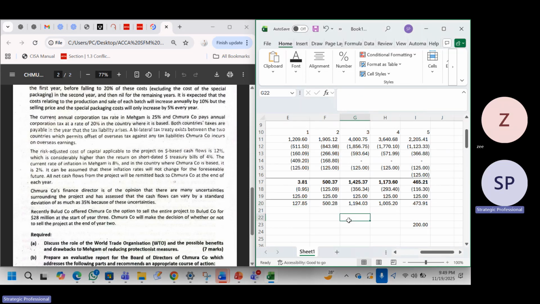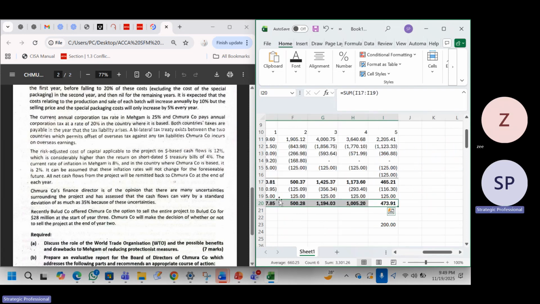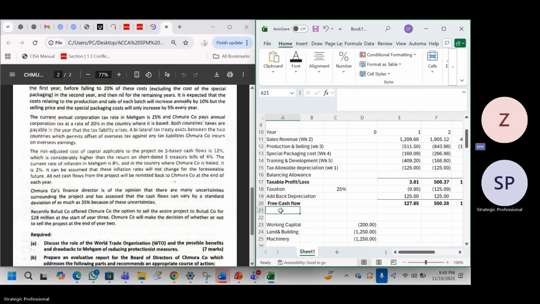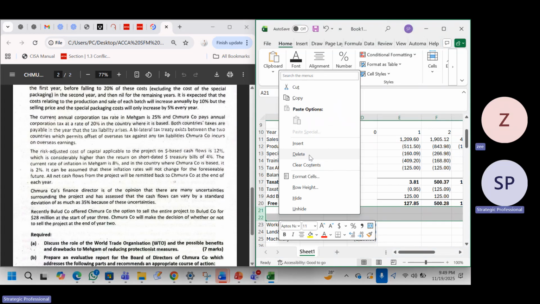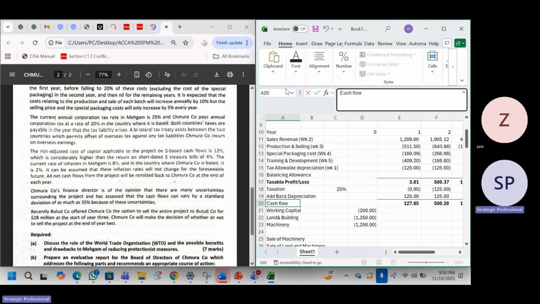So this is my free cash flow. What about the working capital? Okay, it's done. Sorry, this is normal cash flow after tax. This is not your free cash flow. These are cash inflows, or you can just call it cash flow.